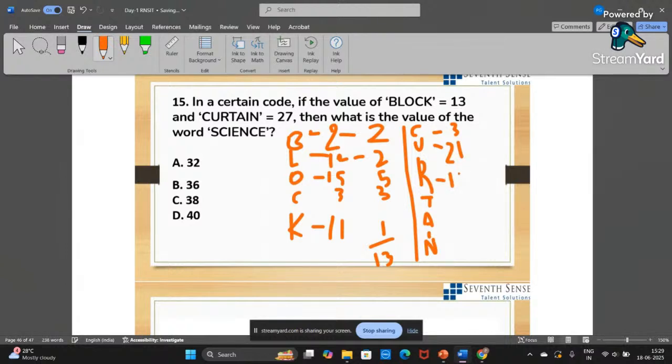For R it is 18. For T it is 20. For A it is 1. For I it is 9. For N it is 14. Now, when it is a single digit, you take it directly. When it is 2 digits, you have to multiply. 2 ones are 2. And this is 8. And this is 0. And this is 1. 9 is 4.